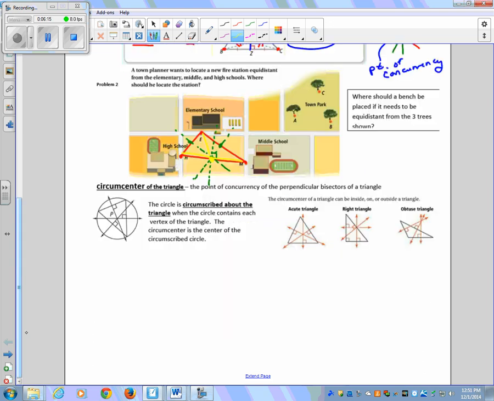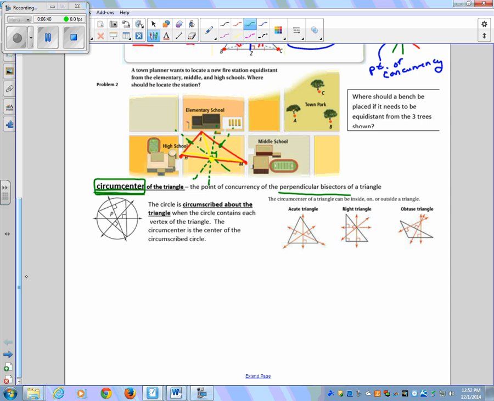Okay, well that point of concurrency where the 3 perpendicular bisectors meet, that point of concurrency is called the circumcenter. The circumcenter is the point where the perpendicular bisectors of a triangle come together. Circumcenter. Circum means around.